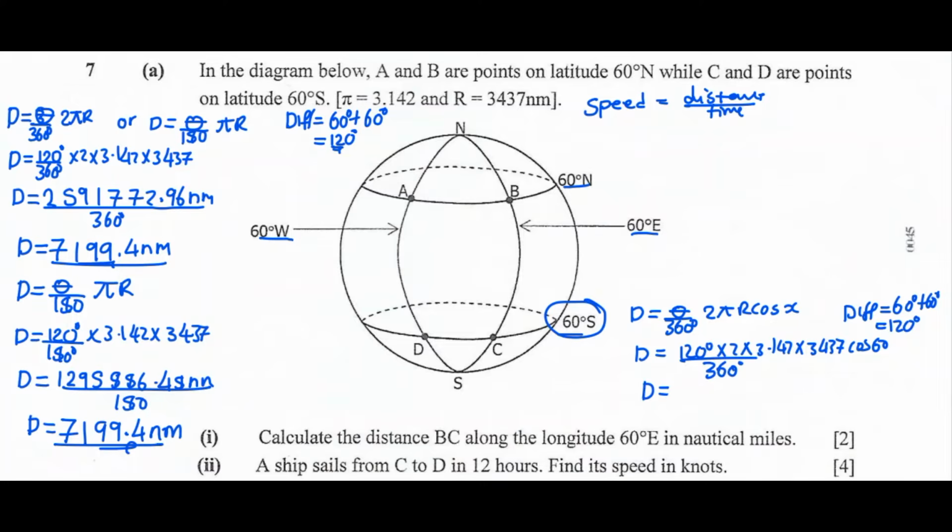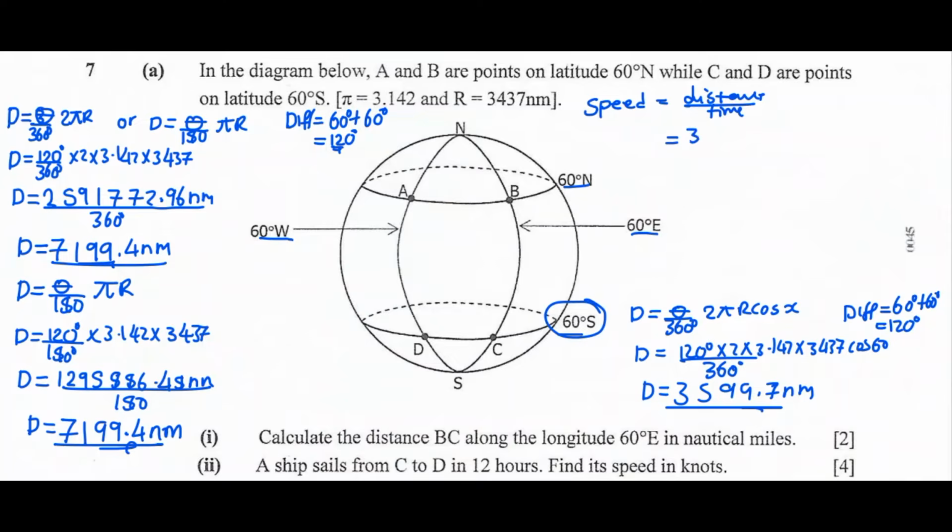So let's do the math now. 120 times 2 times 3.142 times 3437, then cos 60 divided by 360. So I'm getting 3,599.7 nautical miles. So now this is our distance.